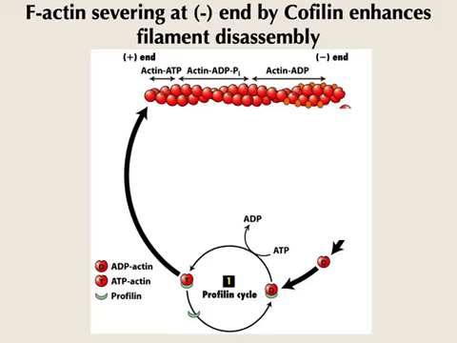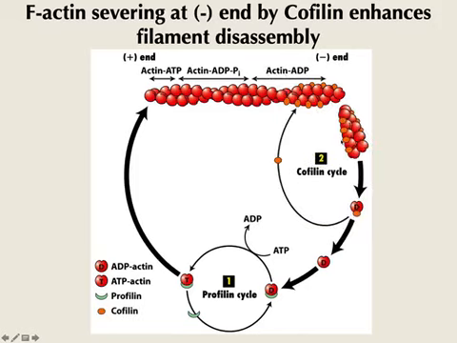The next one is another very important protein, which already tends to associate with the negative ends of filaments, in part because it recognizes ADP-bound actin, and that protein is called cofilin. So cofilin is a small protein, and it's an actin filament severing protein, which basically chops them towards the negative end.